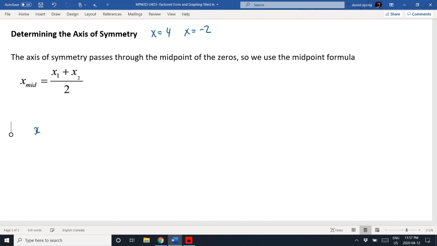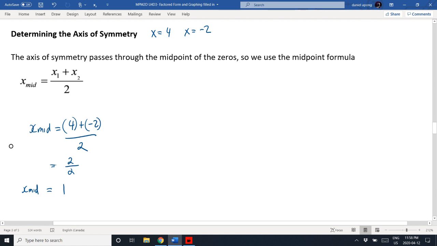So we have x mid is equal to 4 plus negative 2, our intercept values, divided by 2. And if we calculate that, 4 plus negative 2, that's just positive 2, divided by 2, that's equal to 1. So our x mid is equal to 1.